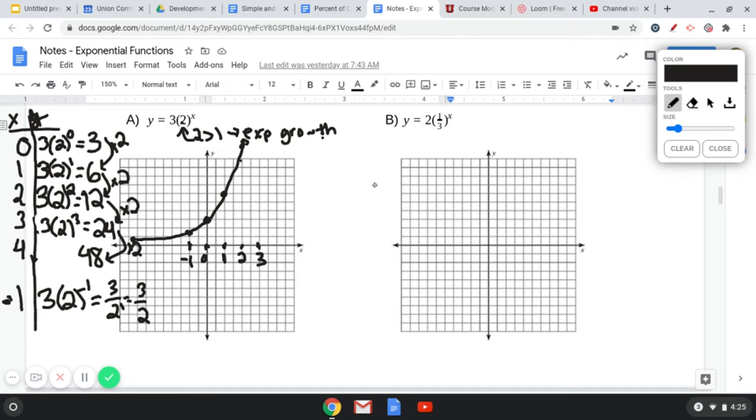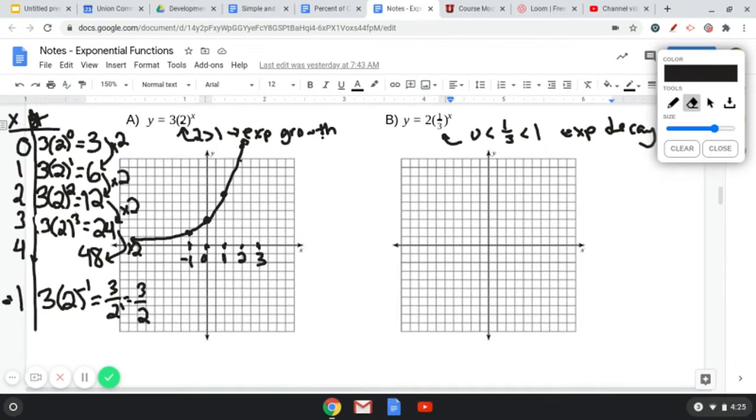All right, now let's try part B. So this is 2 times 1/3 to the x power. This 1/3 is between 0 and 1. So this is exponential decay, which means we're going to look something like that.